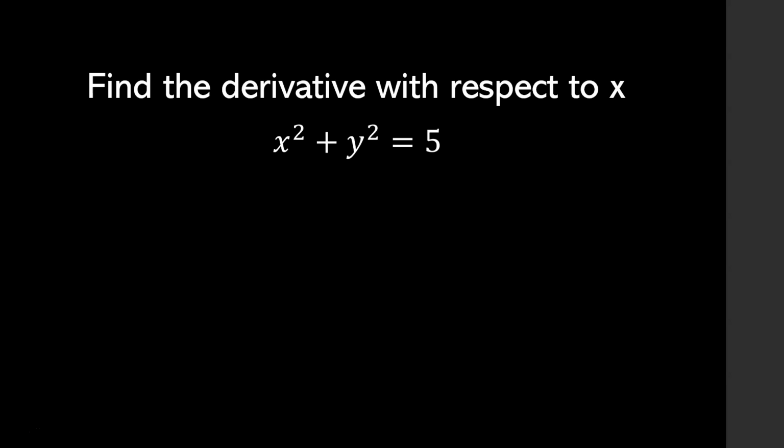Could you solve this for y, like 5 minus x squared and then take the square root? You could. Can you imagine that? Good. That's what this y is. This thing that you would solve for, that's what's being squared. So think of this as your normal x squared plus some function squared is equal to 5.